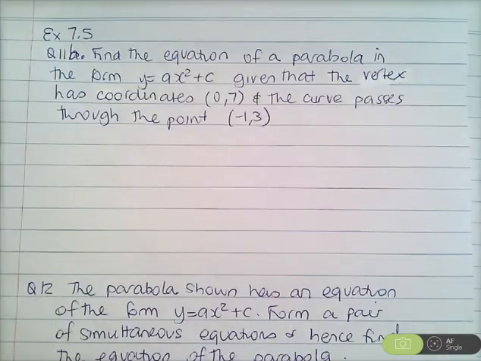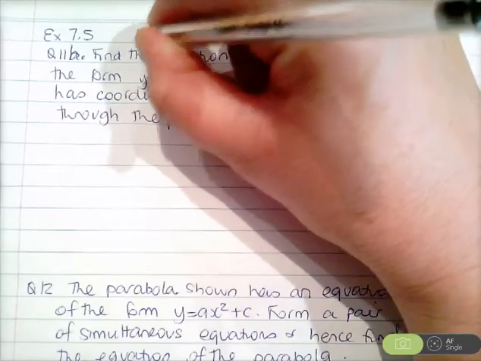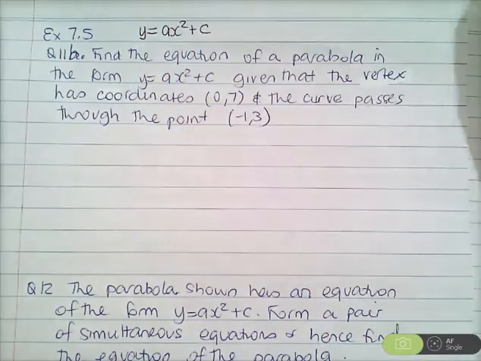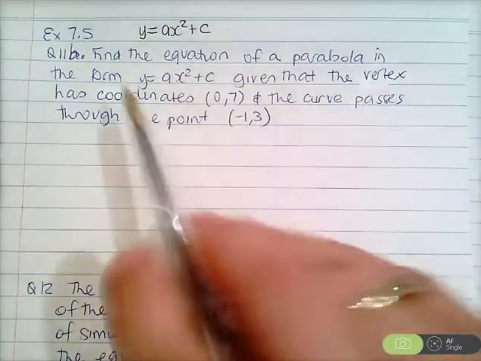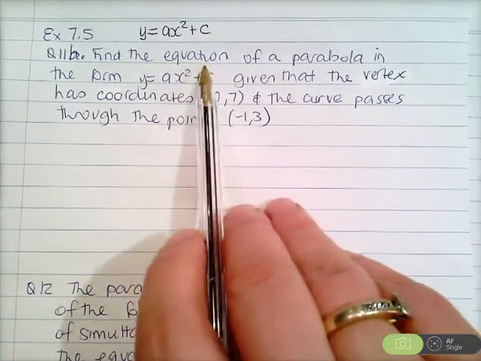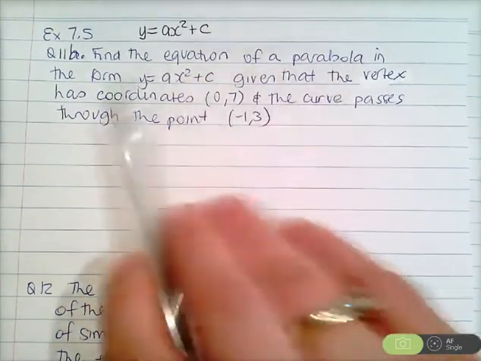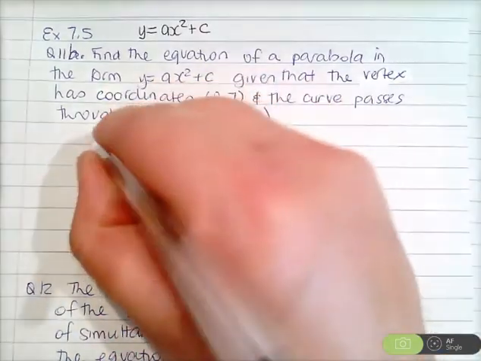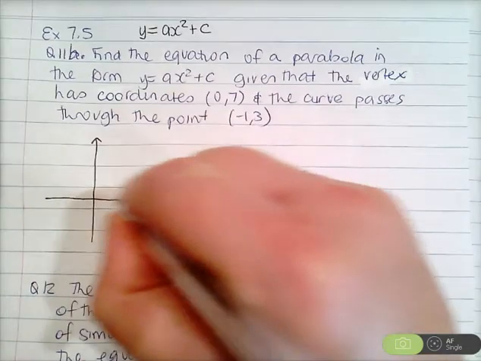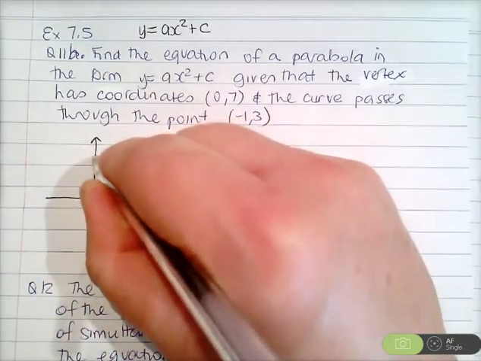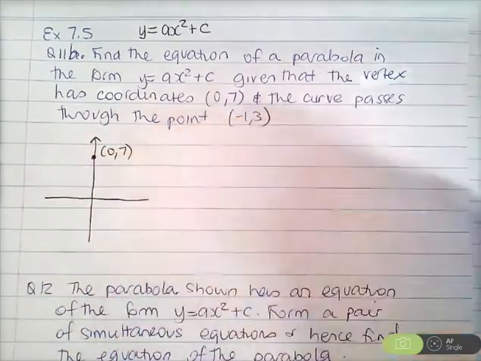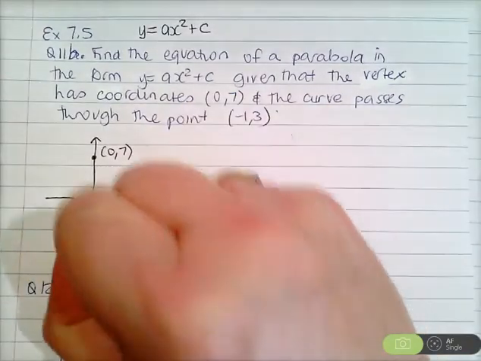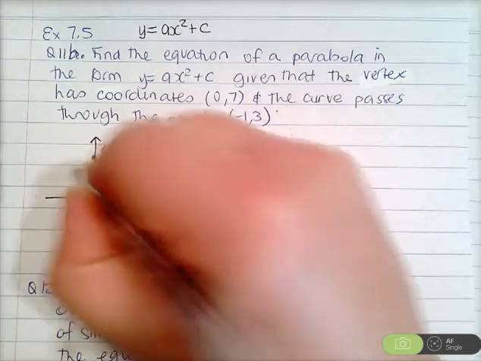Going back to exercise 7.5, where we're looking at equations of the type y equals ax squared plus c. This question says find the equation of a parabola in the form y equals ax squared plus c, given that the vertex has coordinates (0, 7), so somewhere up here, and the curve passes through the point (-1, 3), which would be roughly there.